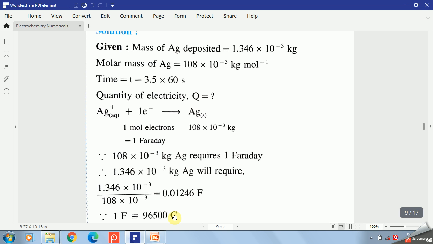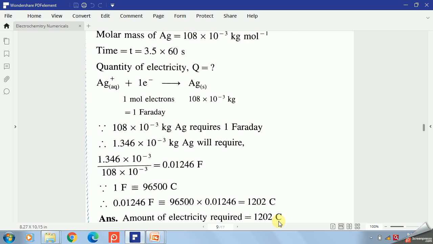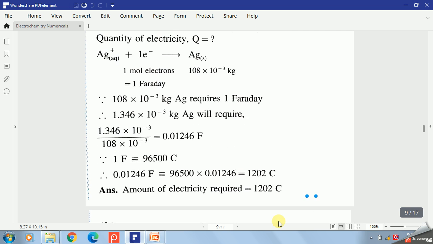So if you have to write in Coulomb, 1 Faraday corresponds to 96,500. So 0.01246 Faraday corresponds to, simple cross multiplication, 0.01246 into 96500 divided by 1. So the answer is 1202 Coulomb. Okay, that is the amount of electricity required.